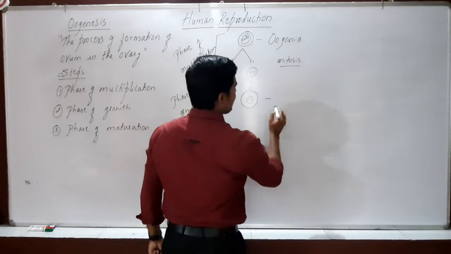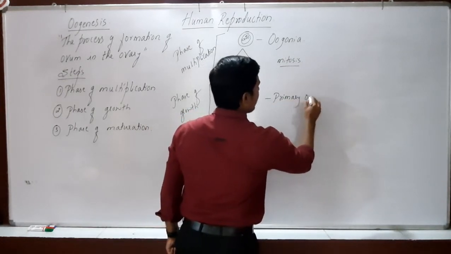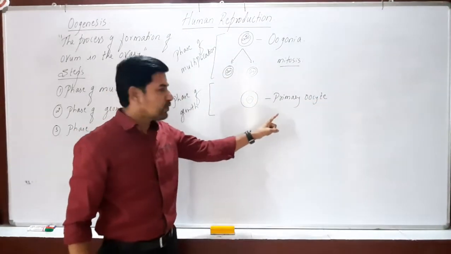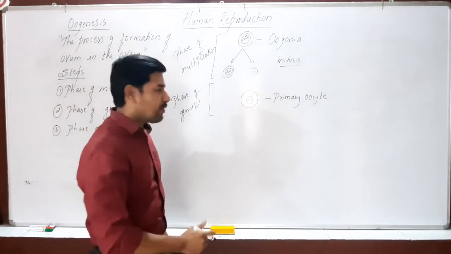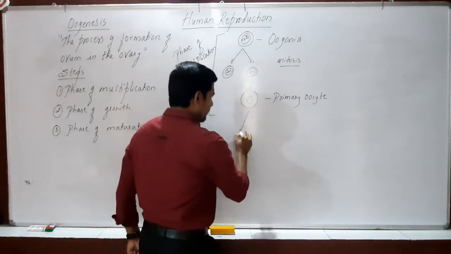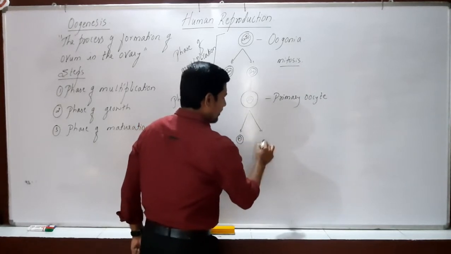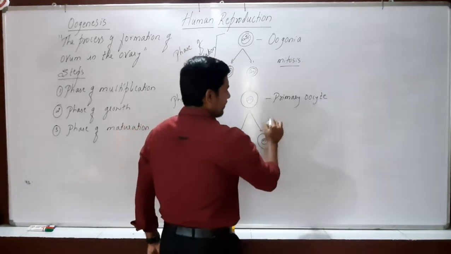Now this is called a primary oocyte. This primary oocyte undergoes the first meiotic division. It gives rise to 2 cells here.